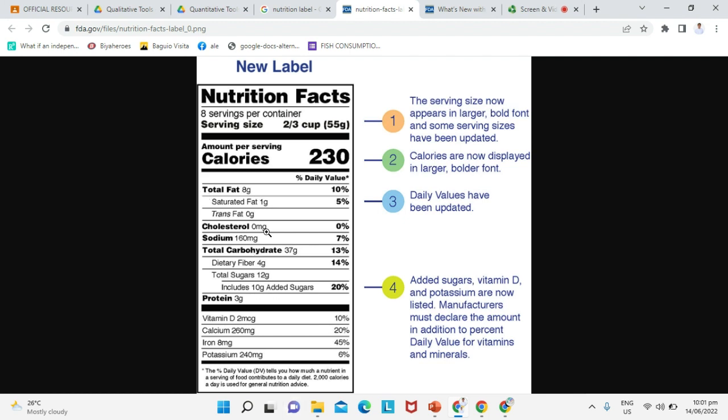So therefore dili ra na isa ka serving. Depende kung nagbutang sila og one serving, then isa ra gyud na ka serving, but in this particular food item 8 servings man. So therefore ang content sa food is 8 servings.